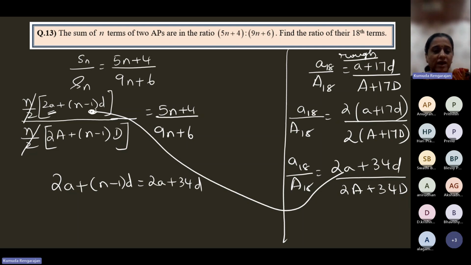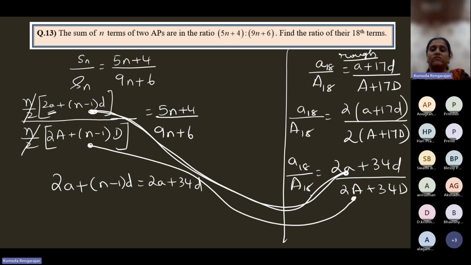This is what you actually have, but this is what you're supposed to have in the numerator. The denominator also, this is what you have, but this is what you're supposed to have to get the answer.